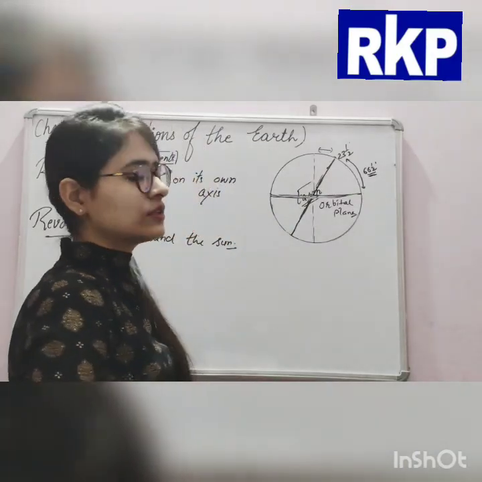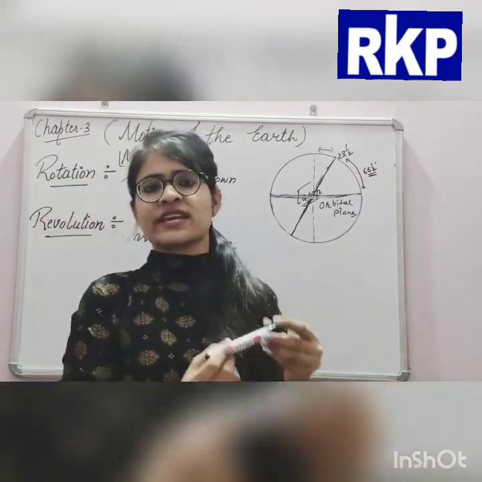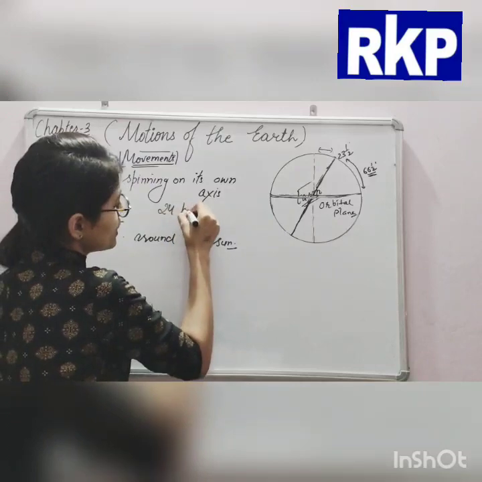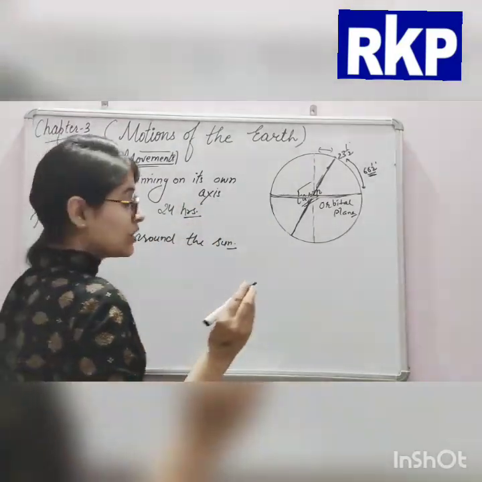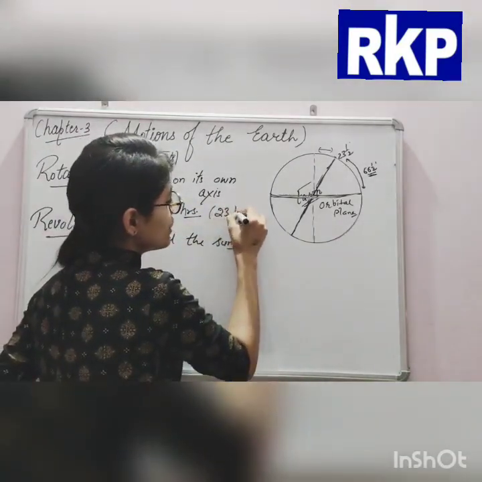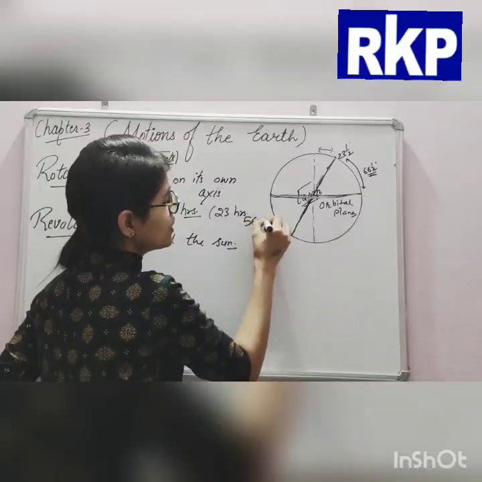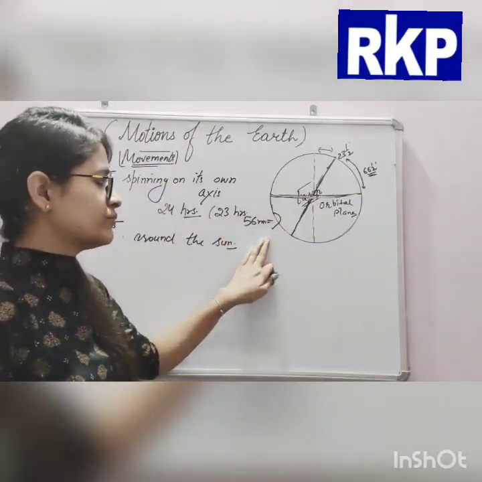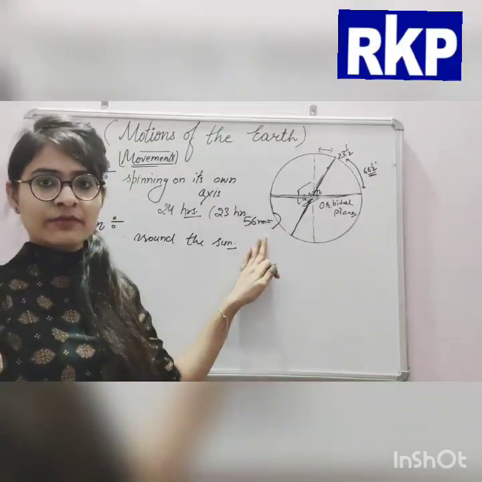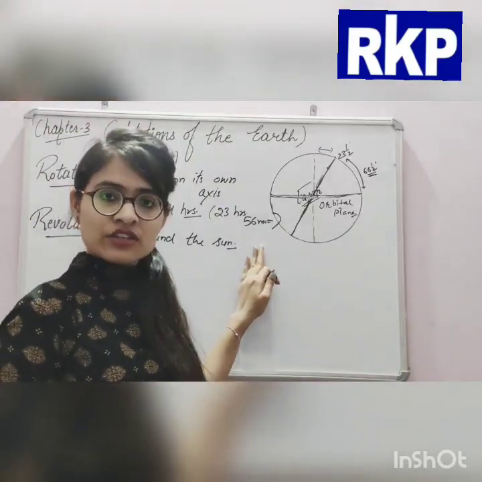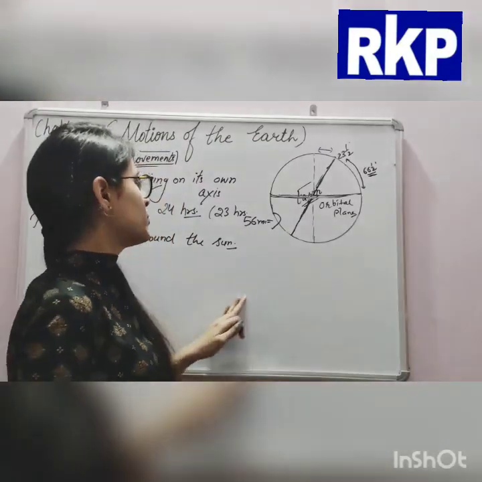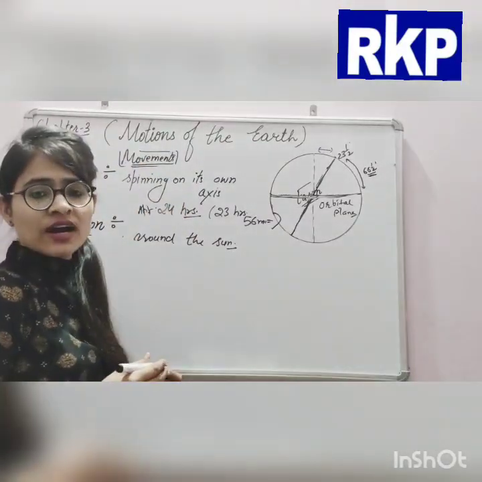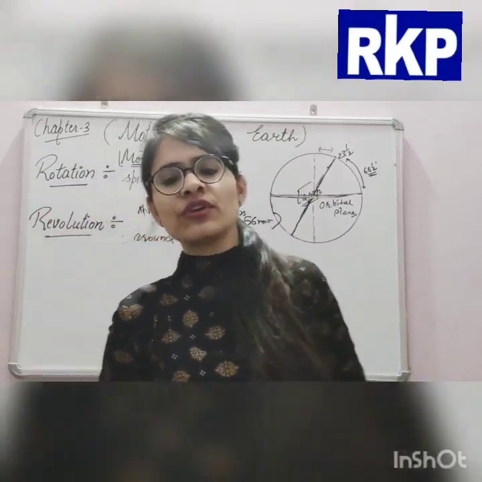Clear? Our earth, when it rotates on its axis, completes one rotation in 24 hours, or we can say 23 hours and 56 minutes. This is the exact time taken by the earth to complete its rotation, but we can say approximately 24 hours.